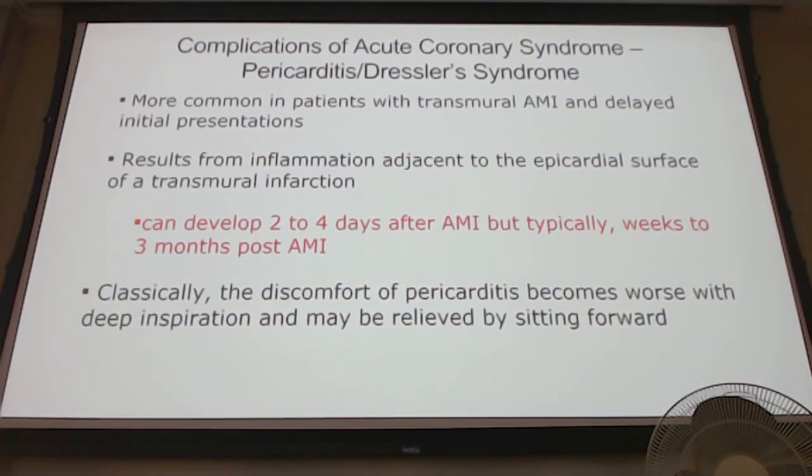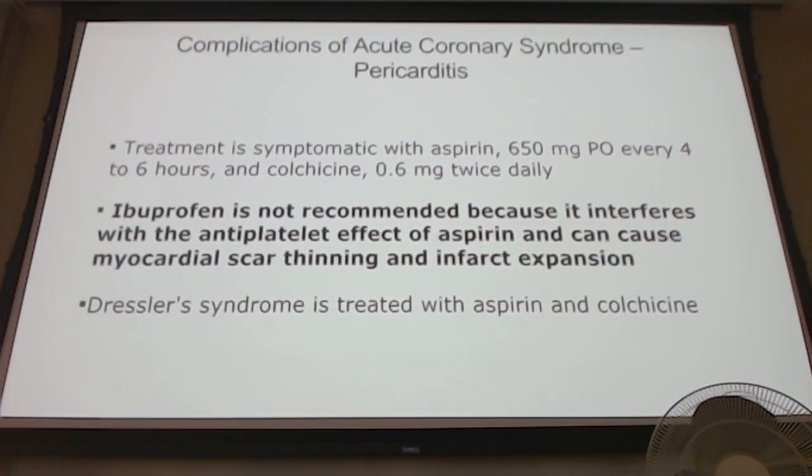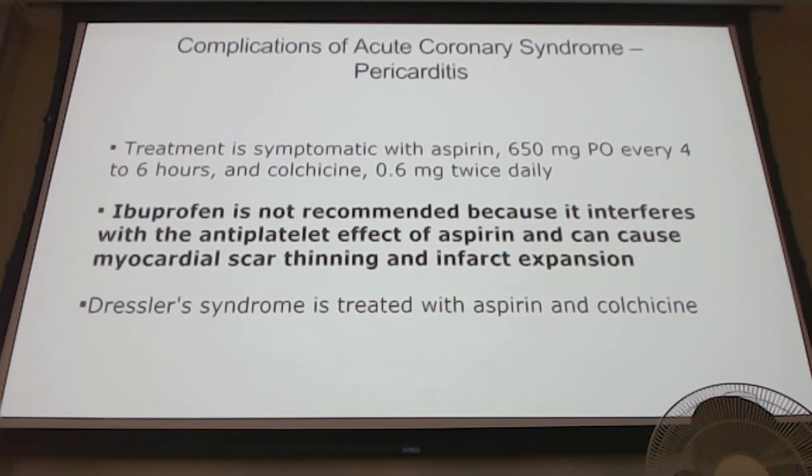So you may have that pleuritic chest pain, worse with inspiration, better with leaning forward, all your typical characteristic findings of pericarditis, but it's just after a myocardial infarction. Normally we can use NSAIDs on patients that don't have any coronary artery disease or recent ACS, but we don't usually use Motrin and things like that for pericarditis in these cases.